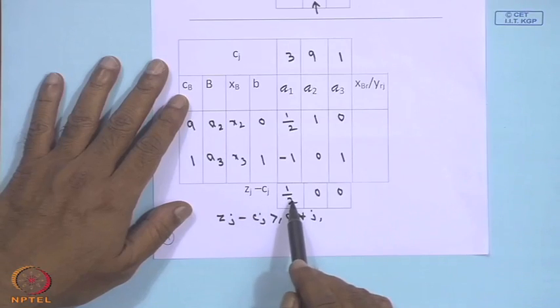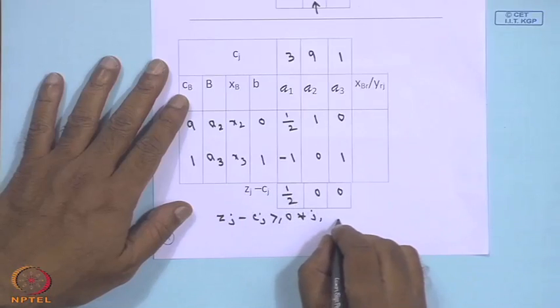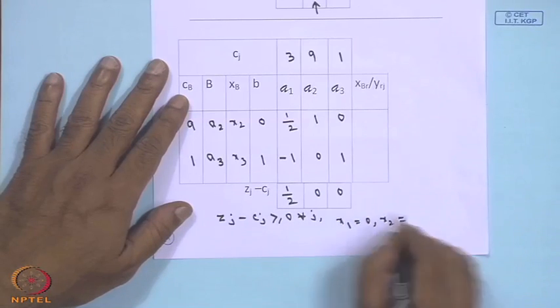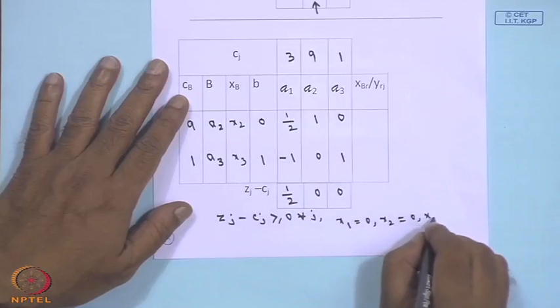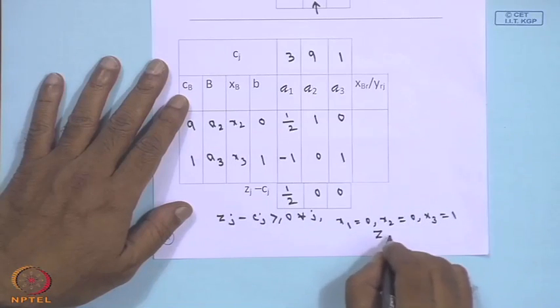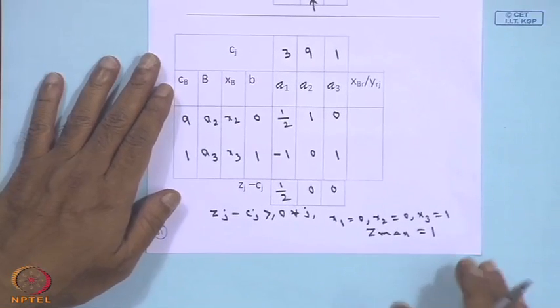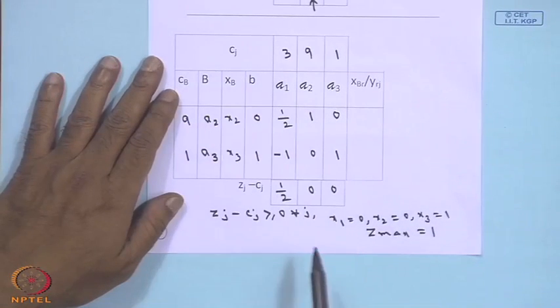Therefore, you are obtaining the optimum solution, a unique optimum solution. The solution will be x 1 is 0, x 2 is 0, x 3 is 1 and z max, if you calculate, will be equal to 1. So, although the problem is a degenerate problem, you are obtaining the optimum solution.